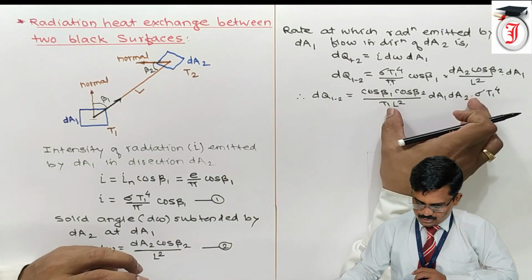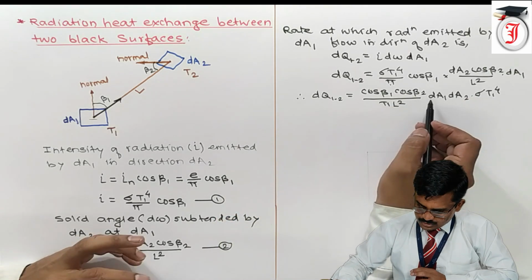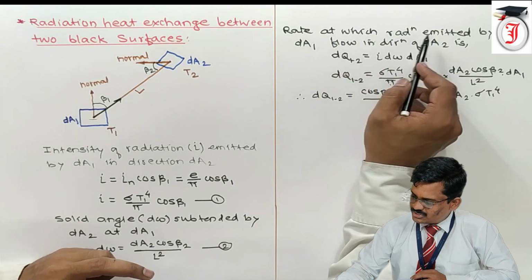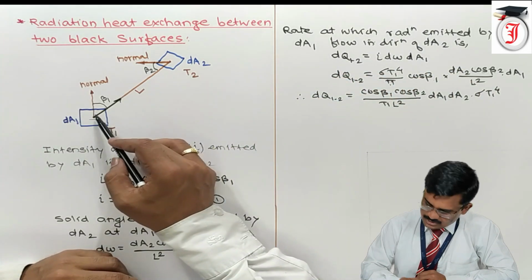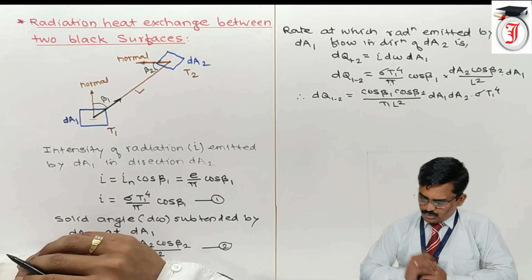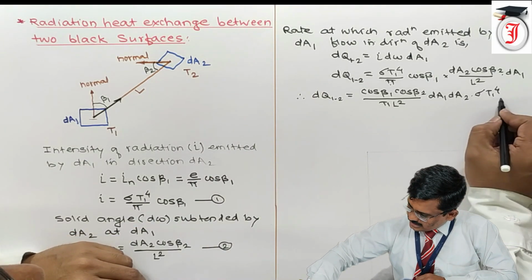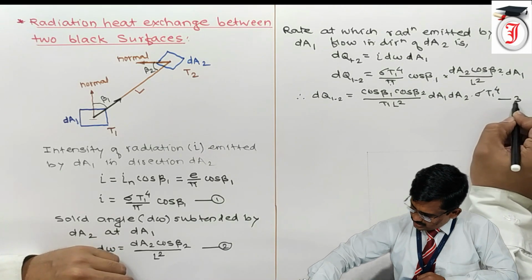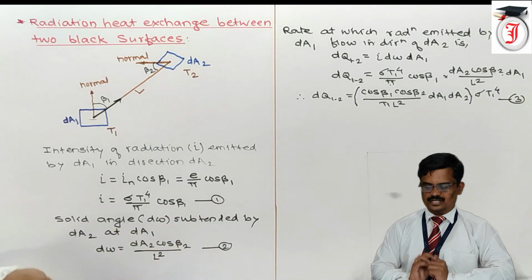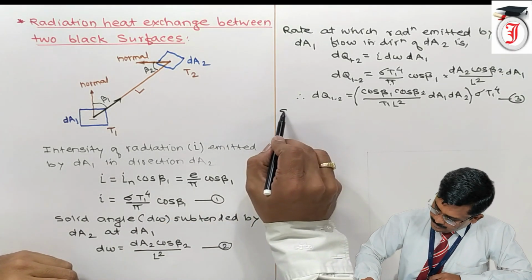This term is the rate at which radiation is emitted by the first surface dA1 in the direction of dA2. Let us consider this as equation number 3, and let us take this term in a bracket.